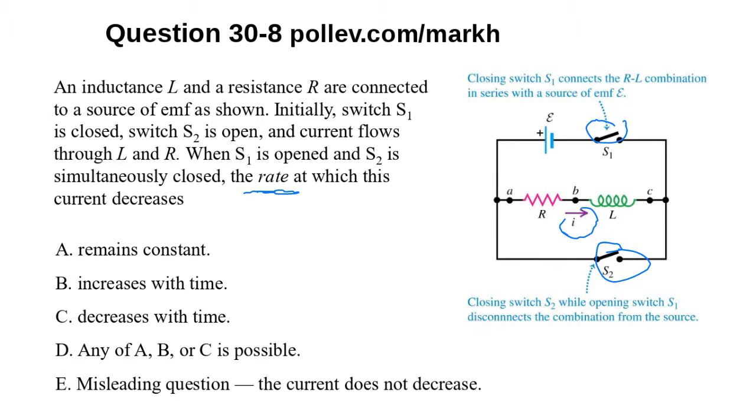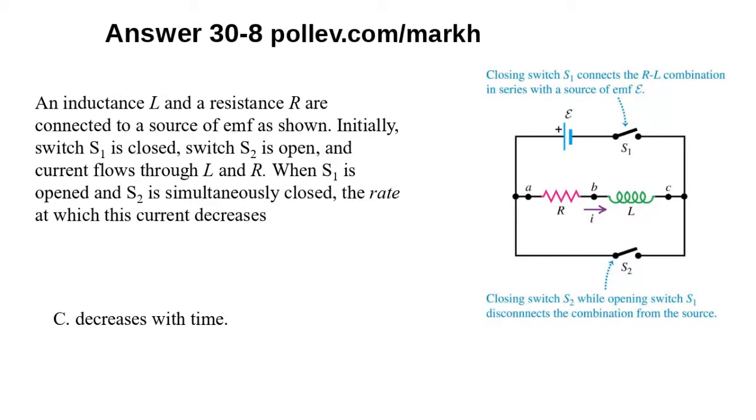Okay, so I had 5 people go for C, and that's what we're looking for. C, it decreases with time. If you remember what happens when we're discharging current, it decreases exponentially. Over time, it starts at some initial value, decreases, and then tends towards 0.